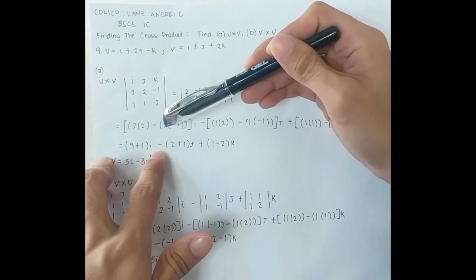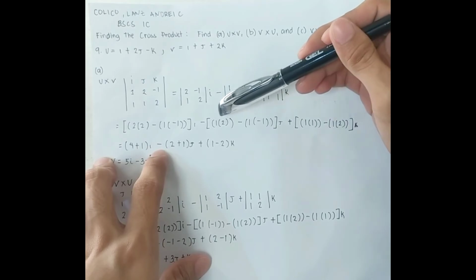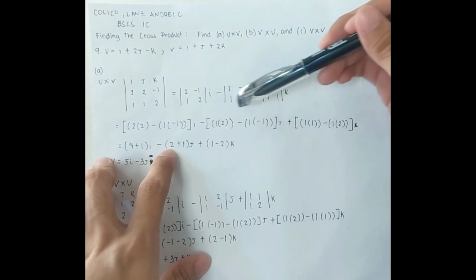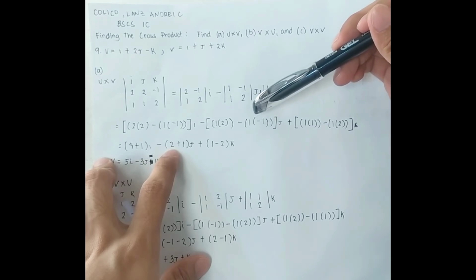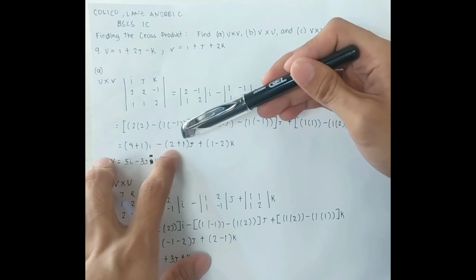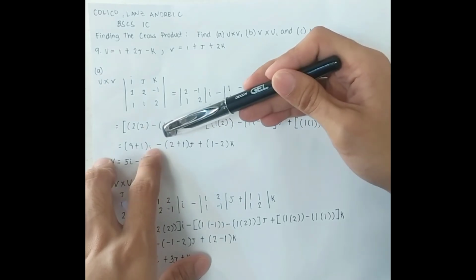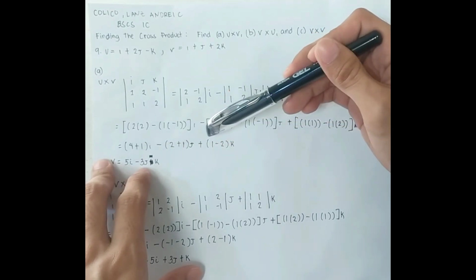And minus, to get J, so 1 times 2 is 2, then 1 times -1, that will be -1 times negative, that will be positive. So 2 plus 1, that will be 3, times negative, that will be -3J.